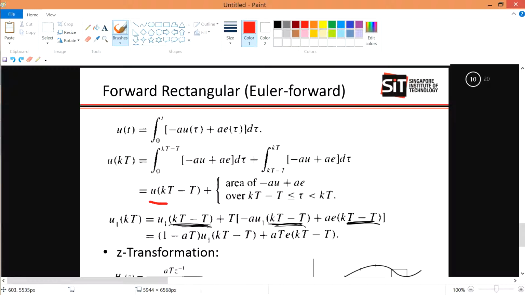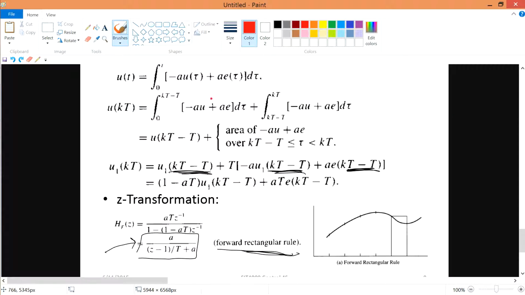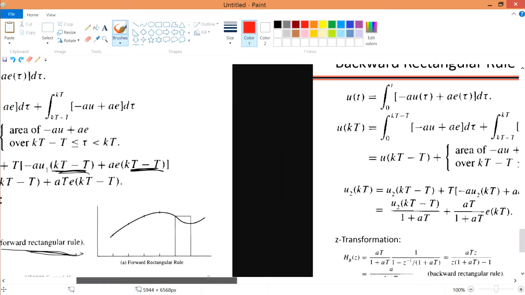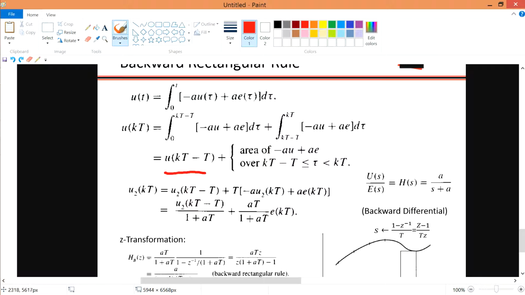Your forward is U(KT minus T), plus, and then this first term is standard for all the methods. It's U(KT minus T) throughout. If you take a look at the backward, this is also U(KT minus T).